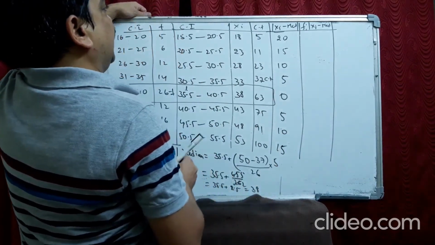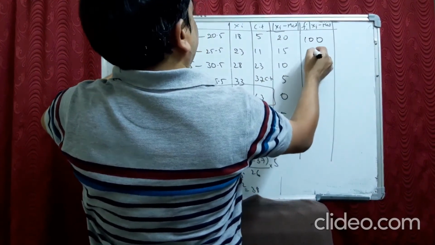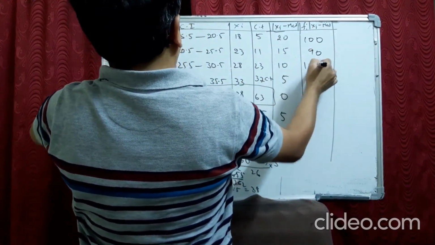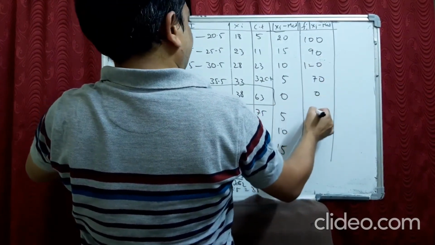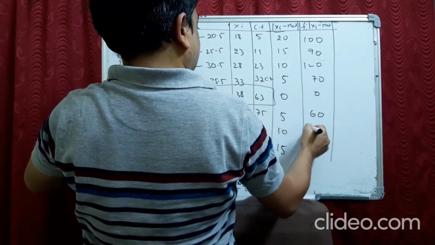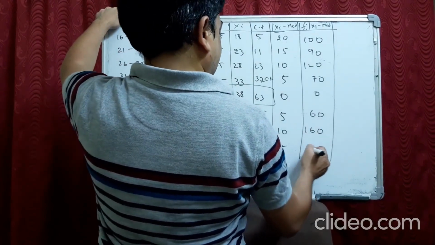Now we take fi into this: 5 into 20 is 100, 6 into 15 is 90, 120, 70, 0, 12 into 5 is 60, 16 into 10 is 160, 9 into 15 is 135.